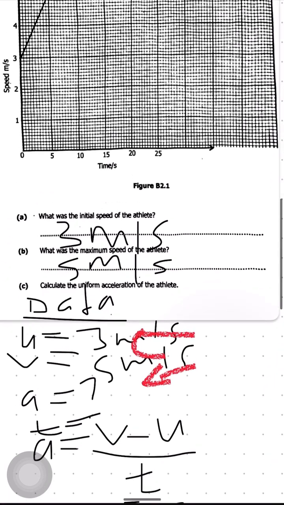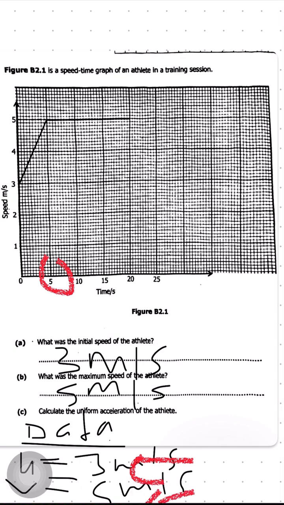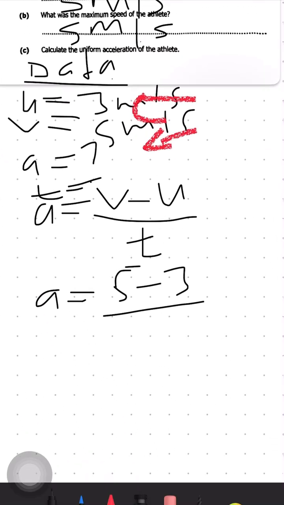How much was time? Everything was happening in what time? So the time is here. So everything was happening in here. This was the time. So we go back and say time was 5.